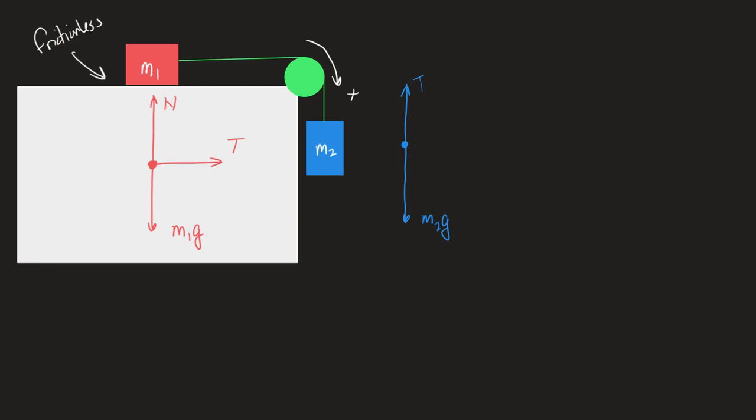The only way this box accelerates downwards is if the weight downwards is larger than the tension upwards. But the tension here and the tension here have to be the same length too. You should start being considerate if you're drawing the length of your arrows proportional and correctly.